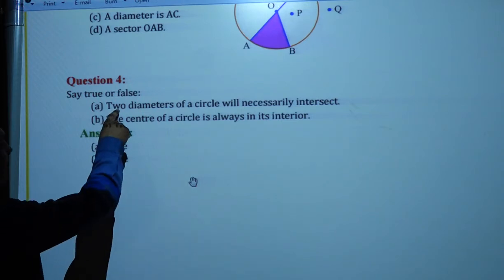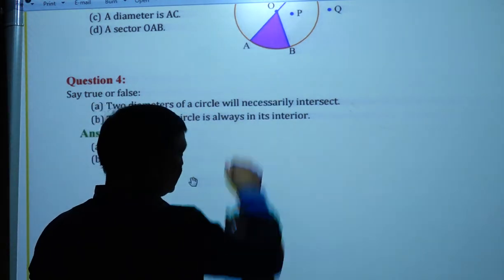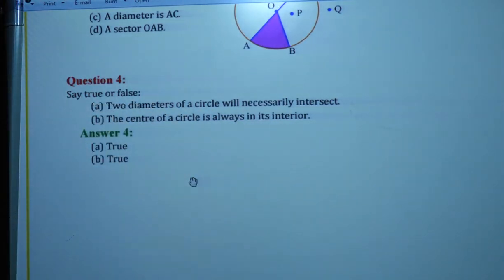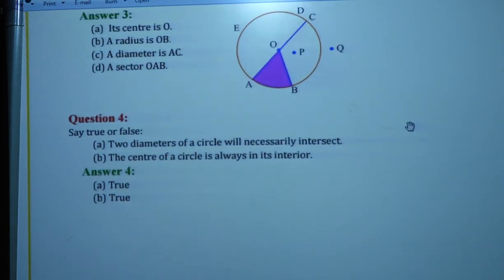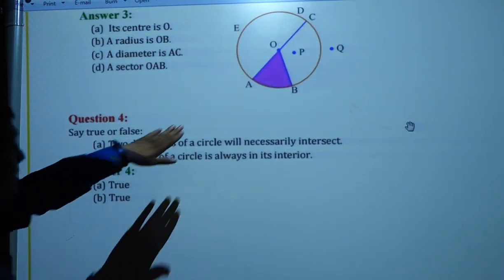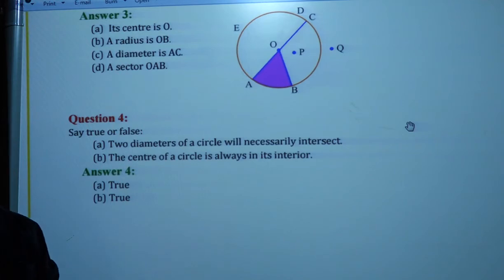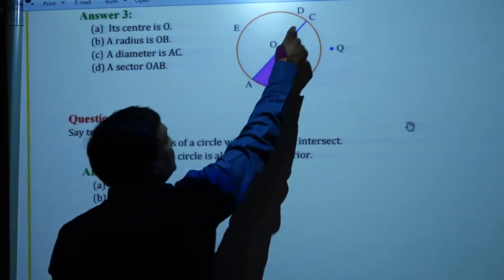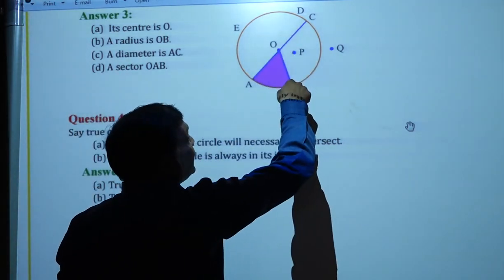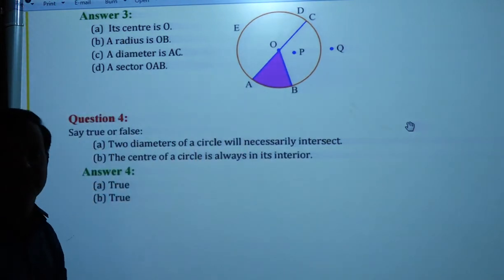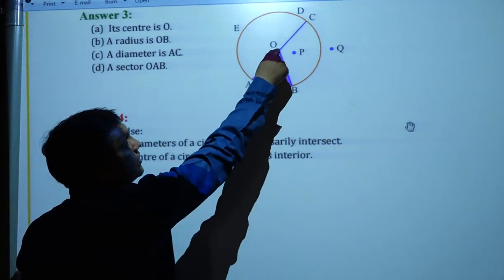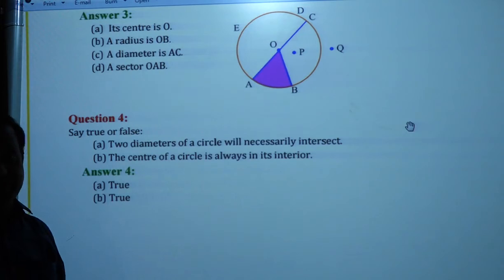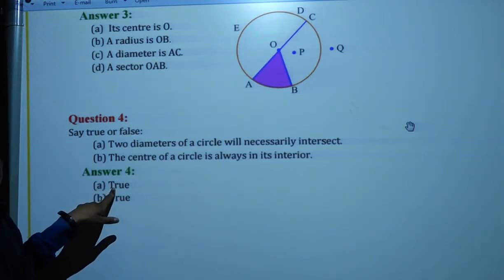So what is given? We will assume this is our circle. If you draw two diameters, here one diameter is drawn. If you draw another second diameter, definitely they meet each other in the center. Two diameters meet in the center definitely. So yes, it is true.